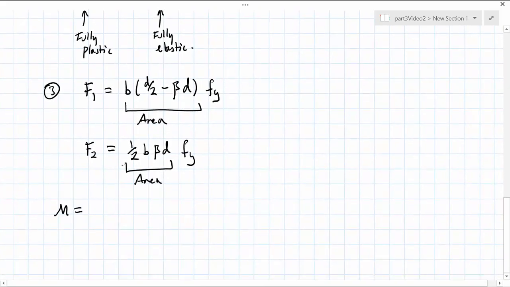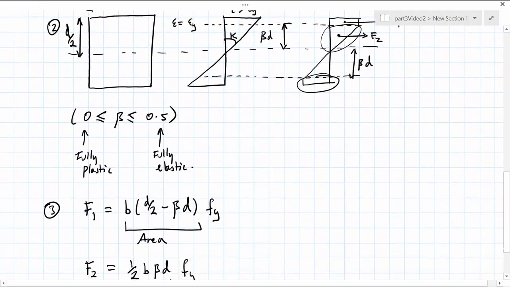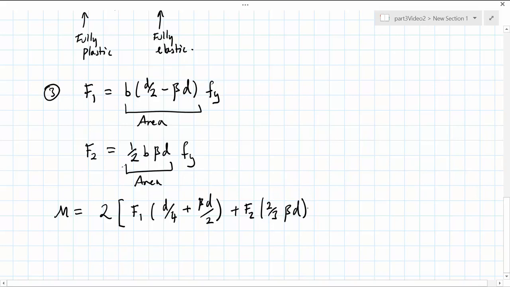So M, for the bending moment, is equal to 2 times, because we're considering both the forces above and below the neutral axis, 2 times F1 that we've already stated, times its lever arm, which is given by d over 4 plus beta times d over 2, plus F2 times its lever arm, which is given by 2/3 times beta times d.